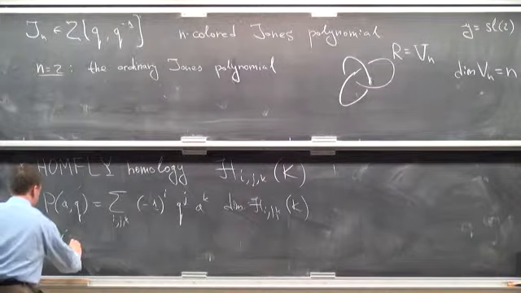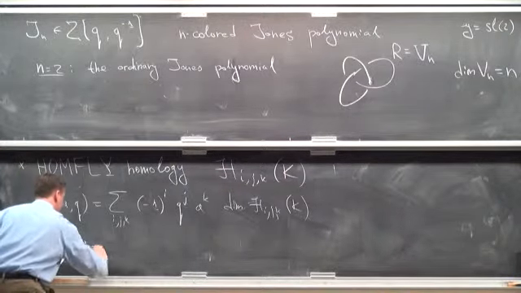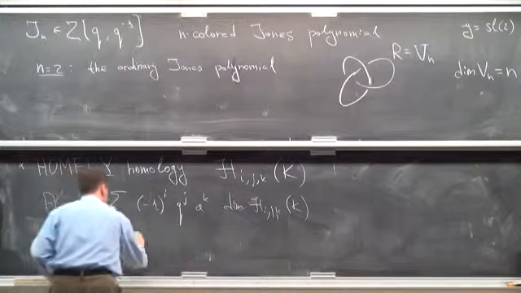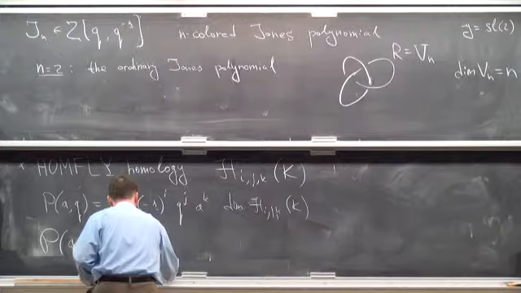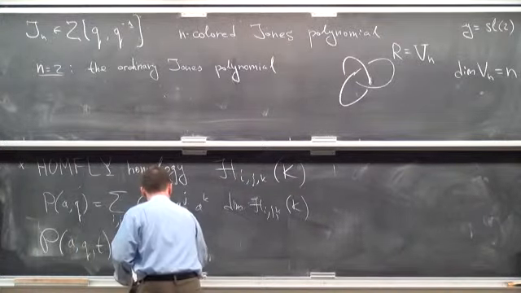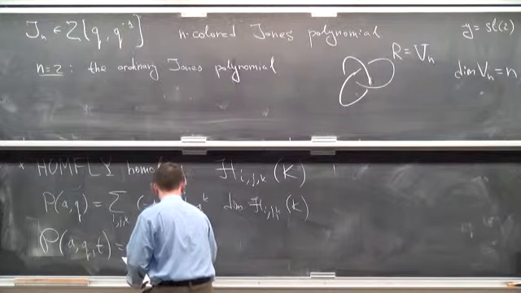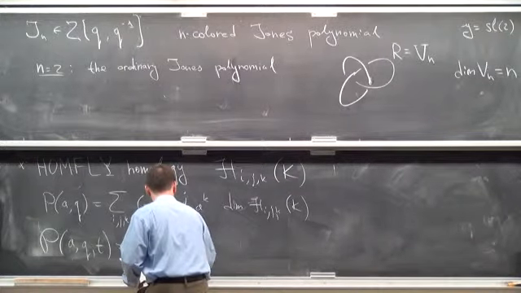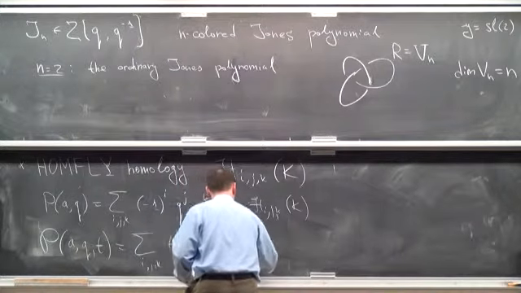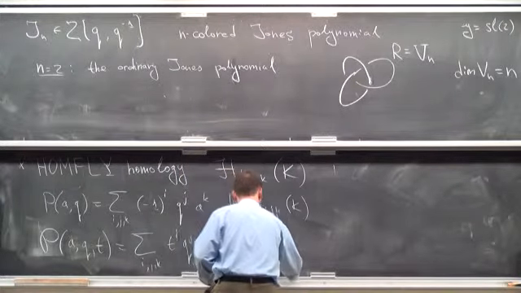But I'll also use color chalk to emphasize dependence on various variables. So in this case, we have 3 of them, and we encode these 3 gradings on H_ijk: T to the I, Q to the J, A to the K, dimension of H_ijk.